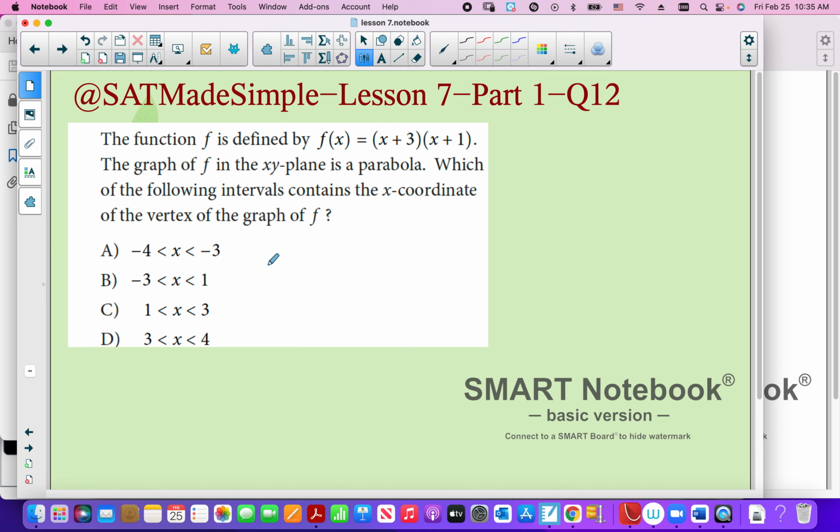Okay, we are given a quadratic function in the intercept form.